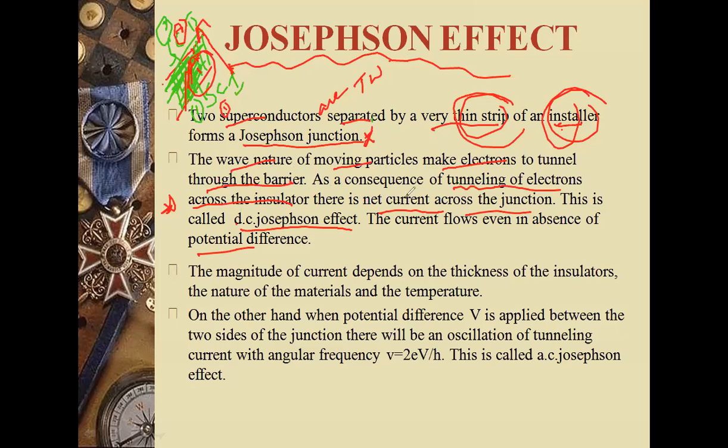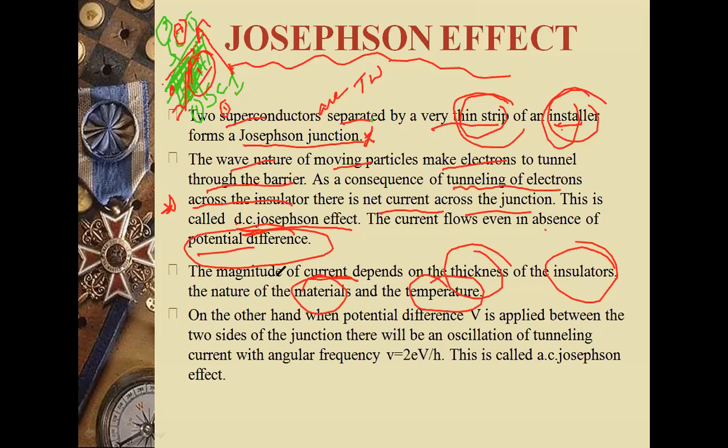There is a net current across this junction, which is the DC Josephson effect, and this occurs in the absence of potential difference. The magnitude of current in this junction depends on the thickness of the insulator you place here, the nature of the material, and the temperature.